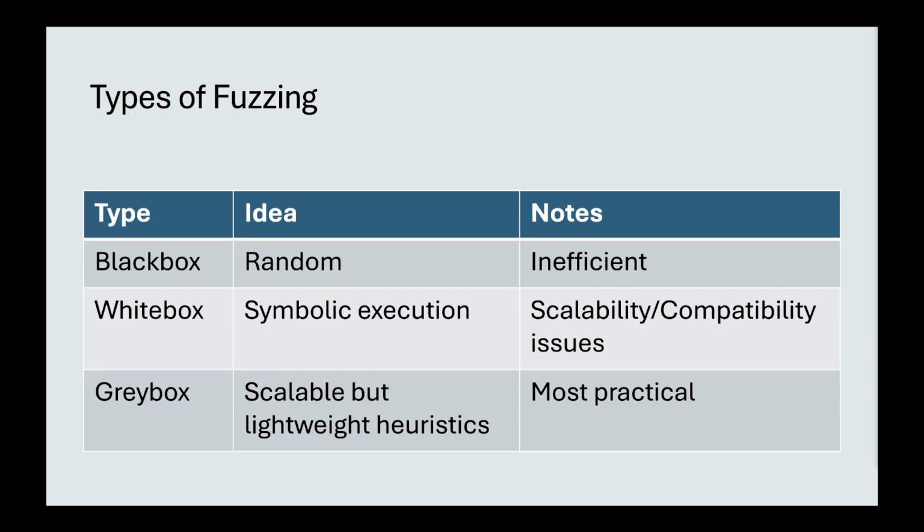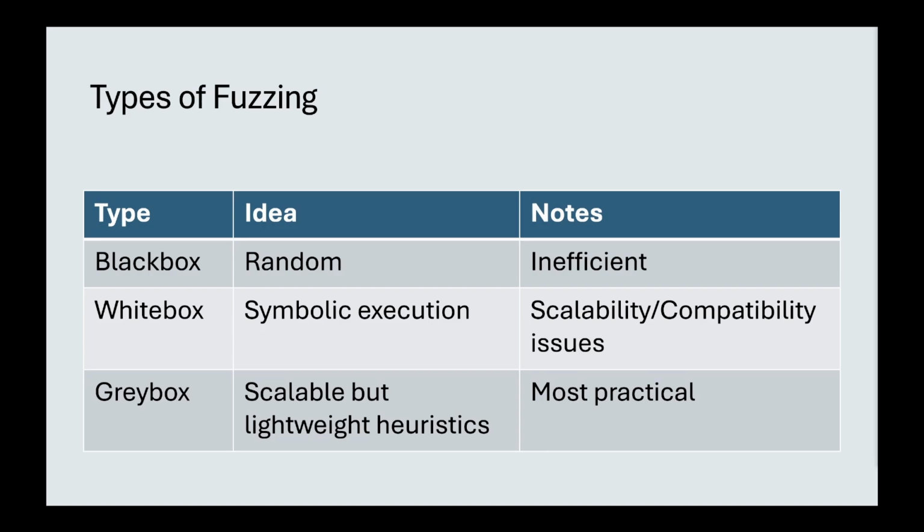And next we have Greybox fuzzing, which is essentially the middle ground or compromise between black box and white box fuzzing. It utilizes lightweight feedback and coverage information to guide the input generation.